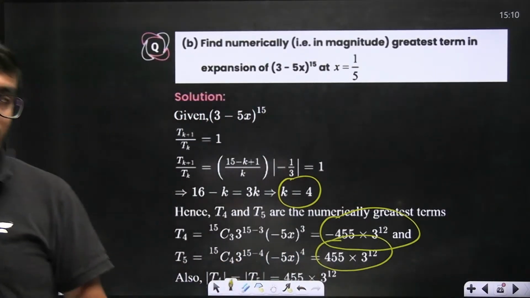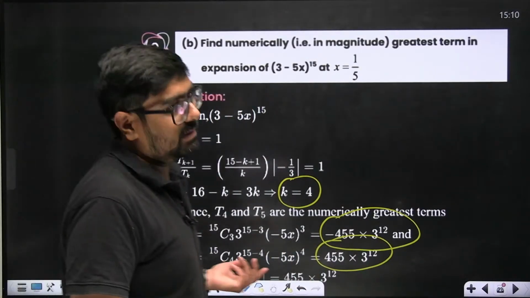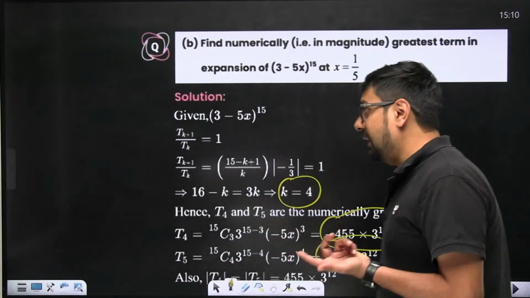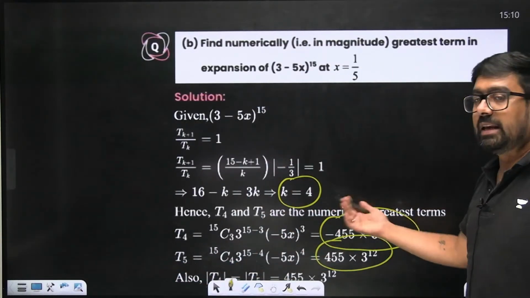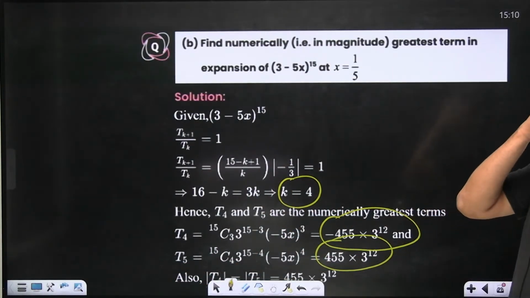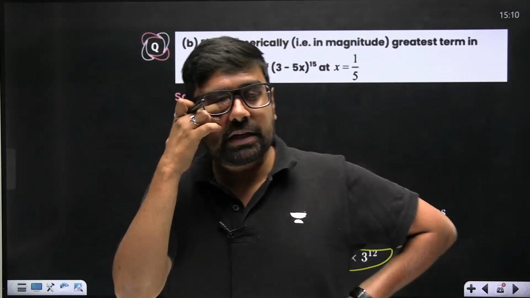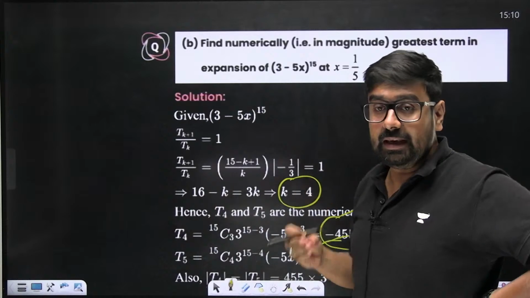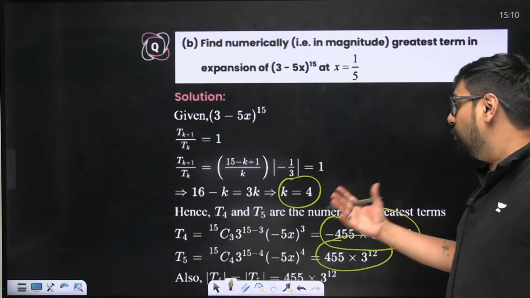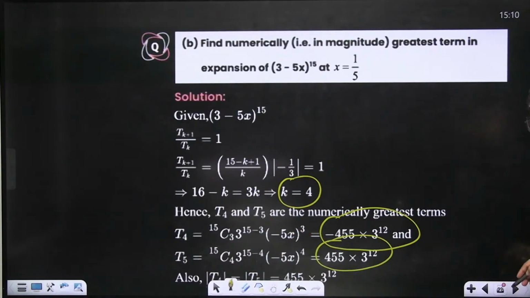If they ask for magnitude, then both are equal. When on solving tk plus 1 upon tk, your k is coming an integer, in that case you will get two terms which are greatest and are equal in magnitude. Let's go ahead.